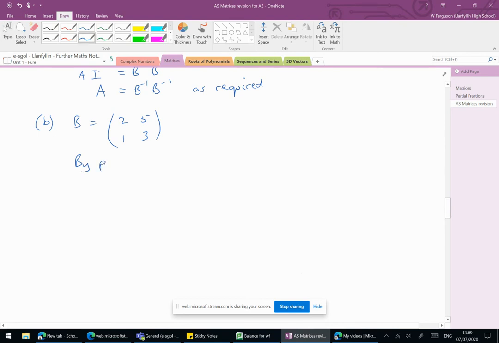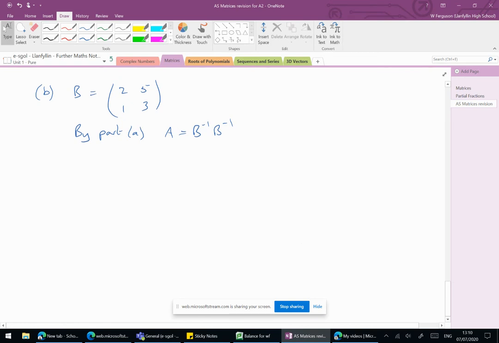So by part A of the question, A must also be equal to B minus 1, B minus 1. So I'm going to need to work out the inverse of the matrix B.